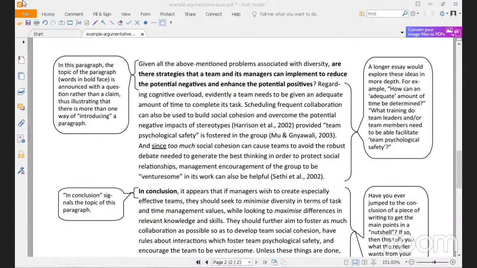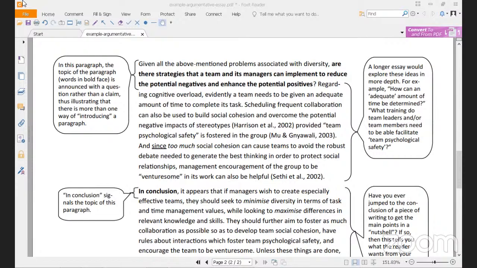Of course, given all the above mentioned problems associated with the diversity, are there strategies that a team and its managers can implement to reduce the potential negatives and enhance the potential positives? Regarding cognitive overload, evidently a team needs to be given an adequate amount of time to complete its tasks.